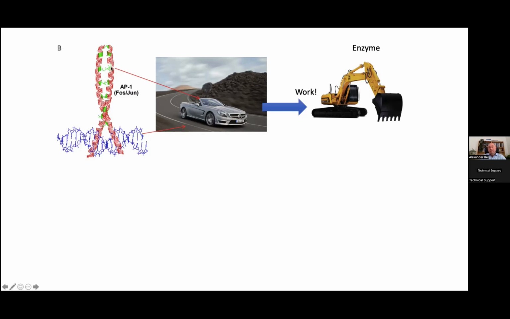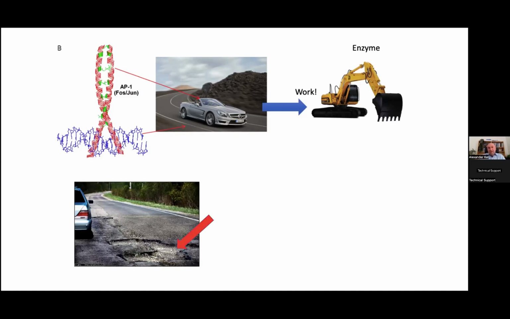So mutations or SNPs in the protein itself and transcription factor, they are very bad, or they cause a lot of changes. But if you consider the DNA, you can consider it as a road where those transcription factors are driving. And actually, if you see gaps in the road, in this place where you have to go, what you can do, you can actually avoid it.